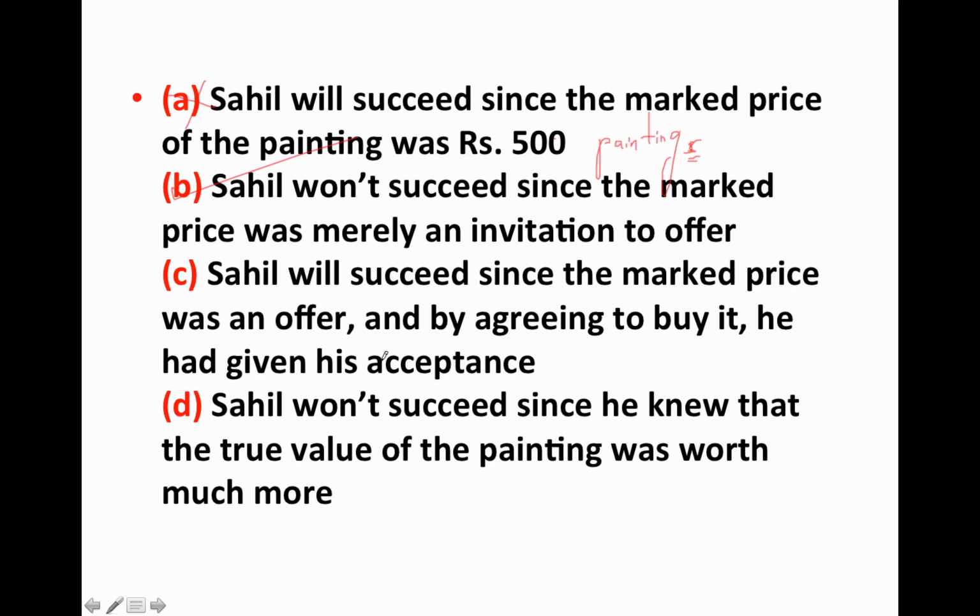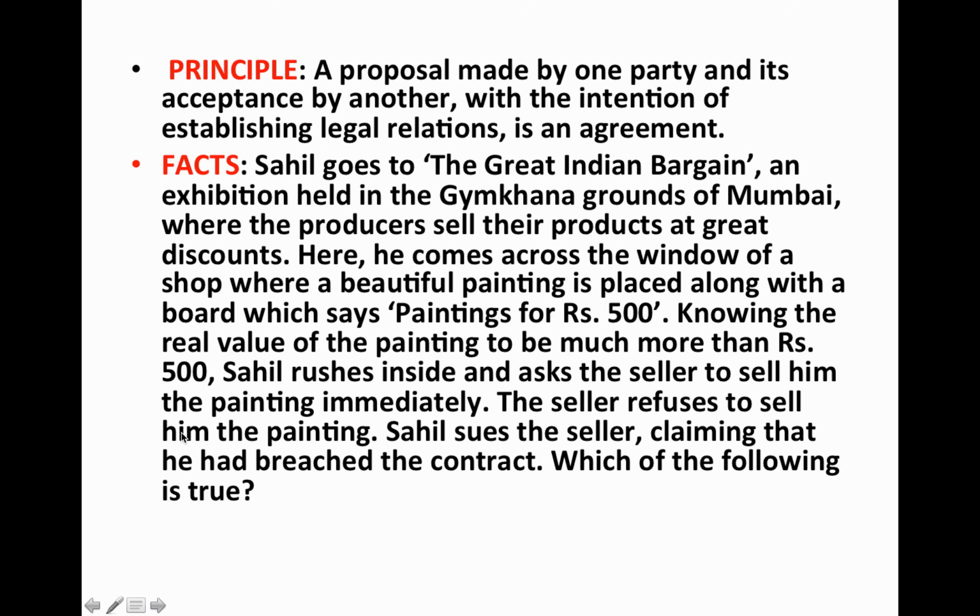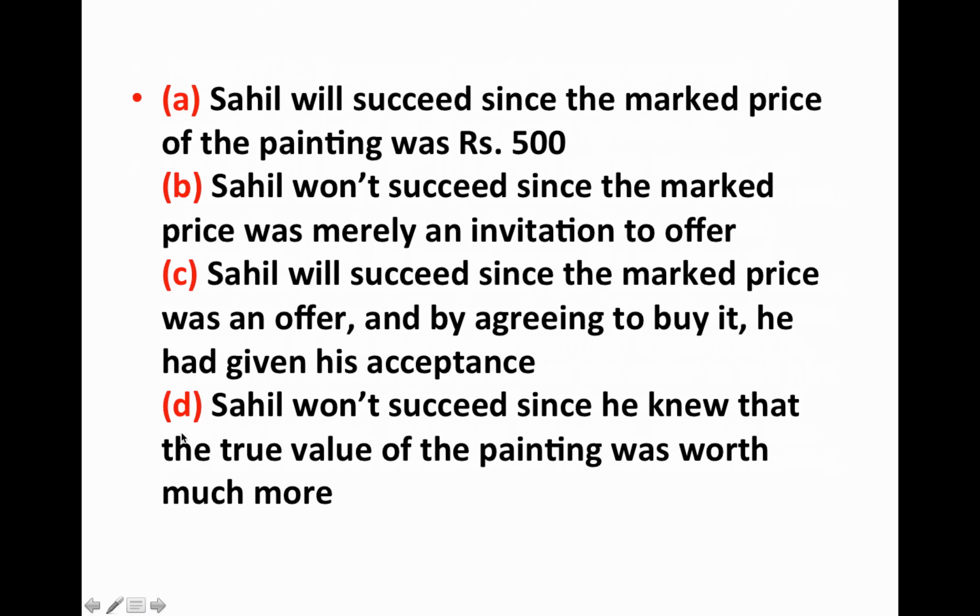This is not a correct reason. The value was much more, but this cannot be the basis for the claim. The only correct answer in this is answer option B.